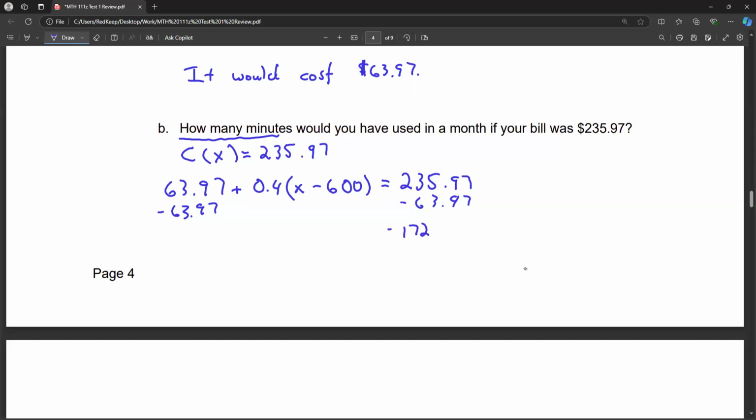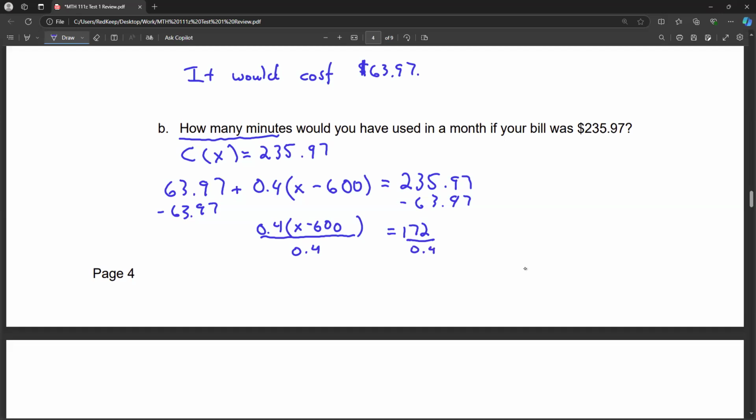Of course, on the left-hand side, if I took 63.97 and subtracted 63.97, I just get 0. So as a result of that first step, we have this. Okay, and so next I'm going to think about it as dividing by 0.4 on both sides. Let's go ahead and divide off the 0.4.